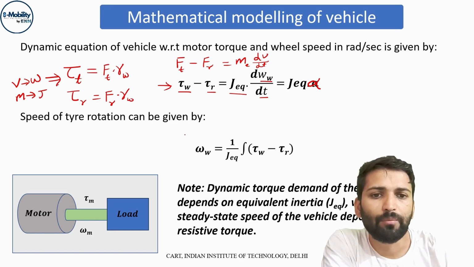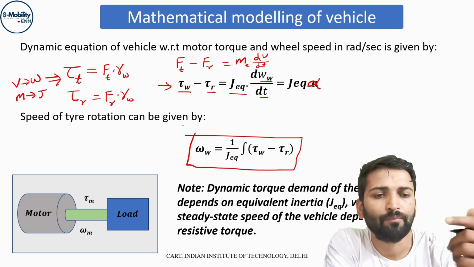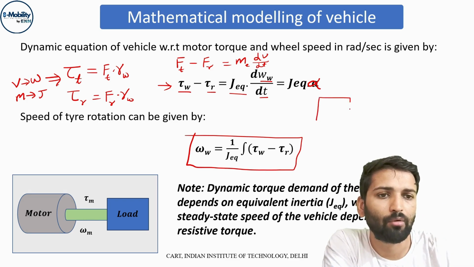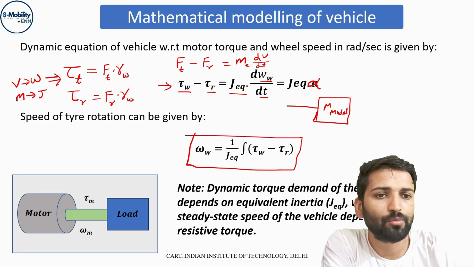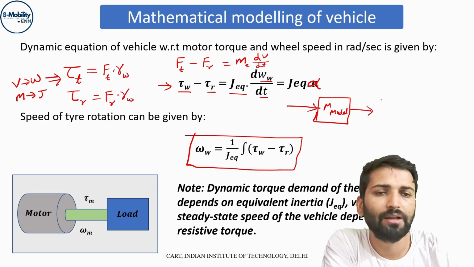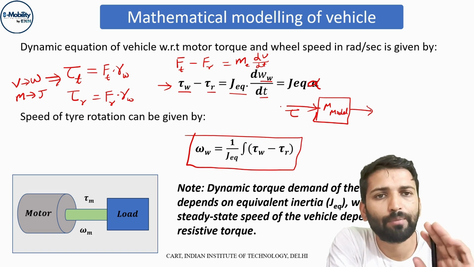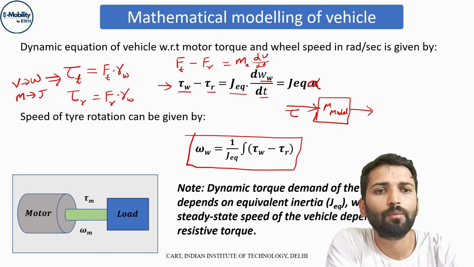When we are making a model, we have to calculate the speed. Suppose we are creating a black box, which is a mathematical model, a hypothetical vehicle model. There has to be one input and at least one output. Suppose the input is the torque. Whenever the driver presses the pedal, he is giving some torque command to the vehicle.